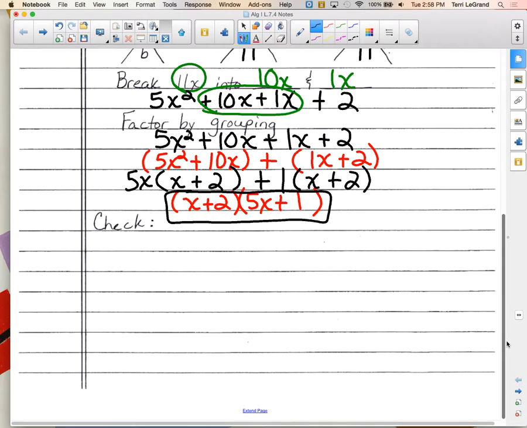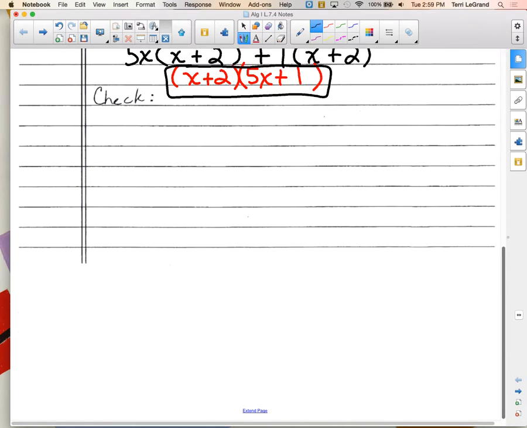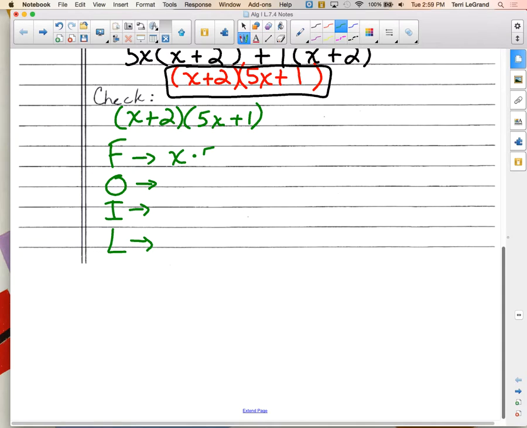So go ahead, check this. See how we did. Does it actually multiply back to 5x squared plus 11x plus 2? Rectangle, foil, your way. This is the only one we're going to check in our notes just because I want you to have more homework time today. But I do want you to check all of them in your homework.